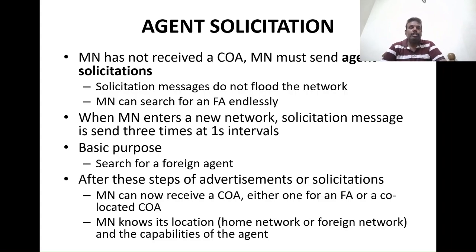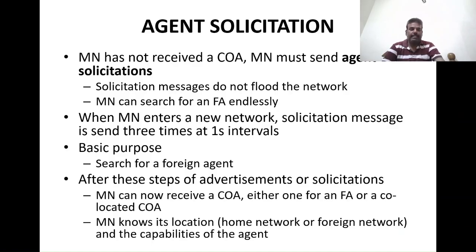That is agent solicitation. Whenever the mobile node enters a new network, solicitation messages are sent 3 times at particular intervals. So the basic purpose is the search for the foreign agent, right? The mobile node can now receive a care of address either from a foreign agent or a co-located foreign agent.